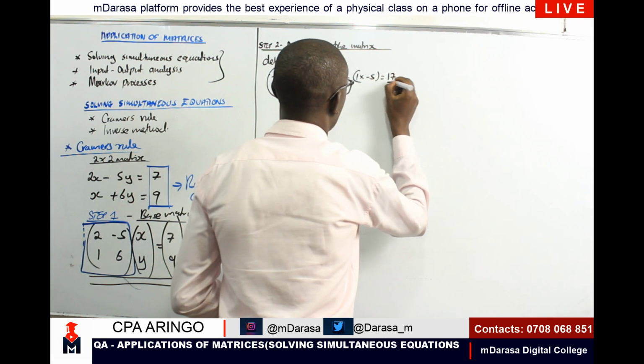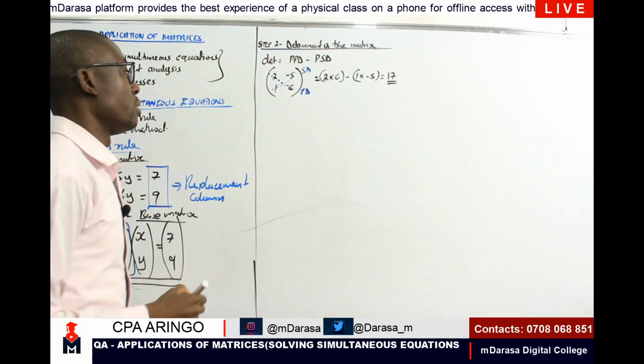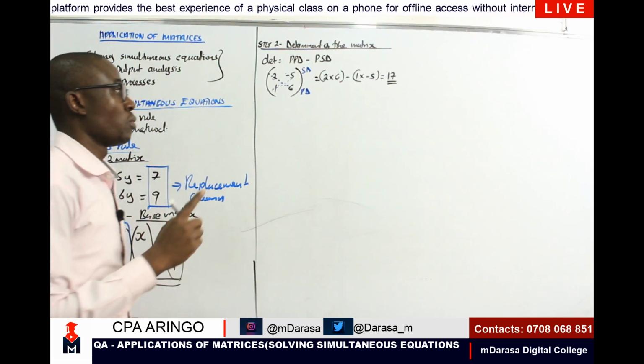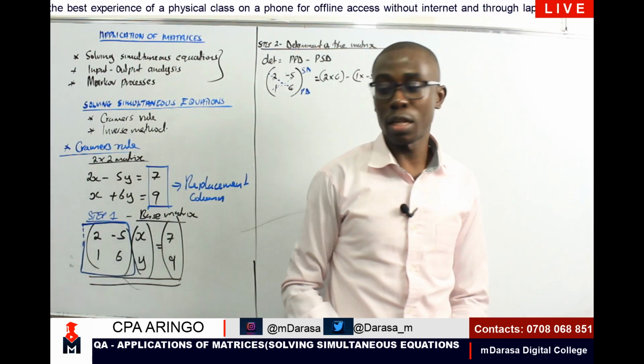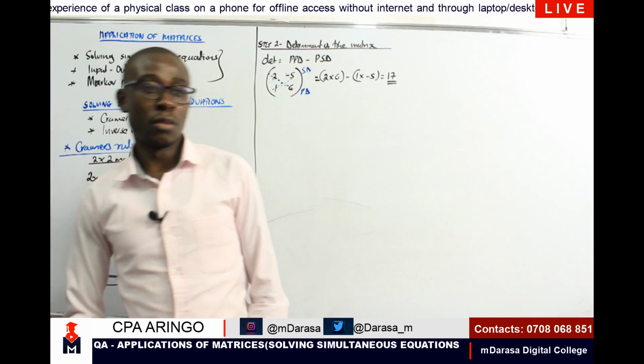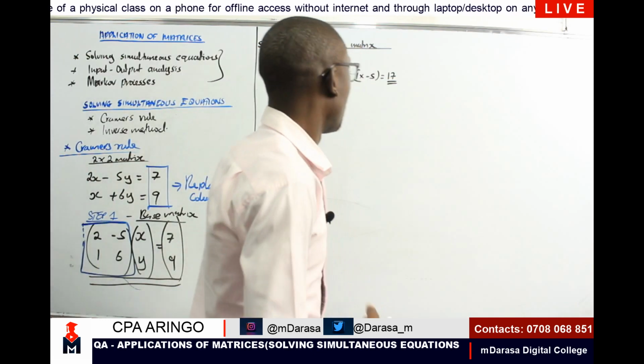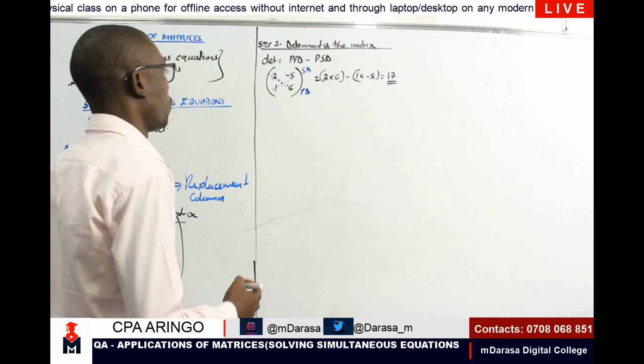That should give us 17, right? So that will be our determinant, which again we must always tend to recall that procedure.